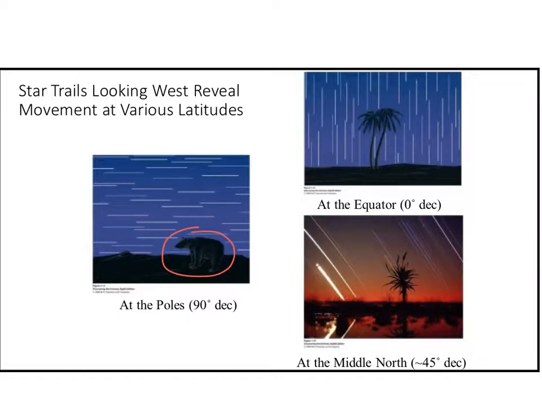So as you look down, you're going to see a circle getting bigger and bigger, a circle on the horizon. That's kind of what I'm after. There's going to be a test question about how these star trails would look if you plot them throughout the course of a night.